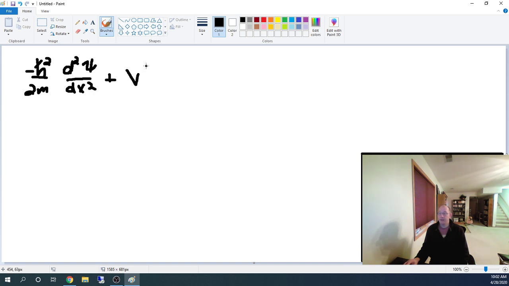And then V is the potential. When you multiply that times the wave function, this is the potential energy term associated with it. And this is where the time dependence has been separated out. So it equals E times psi of x. And this is, of course, also a function of x.